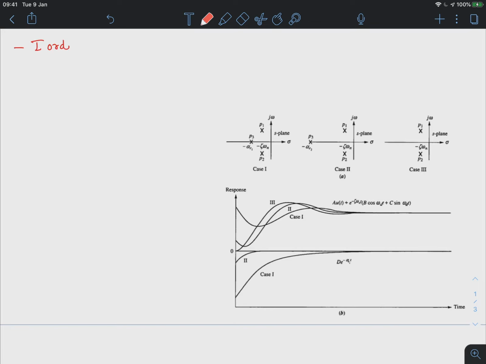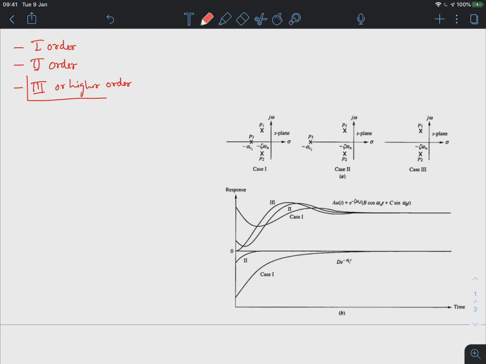We have seen the first order system, we have seen the second order system. Now if we want to see the third or higher order system, as I said, the formulas we have derived won't be applicable directly, but they can be approximated quite closely.